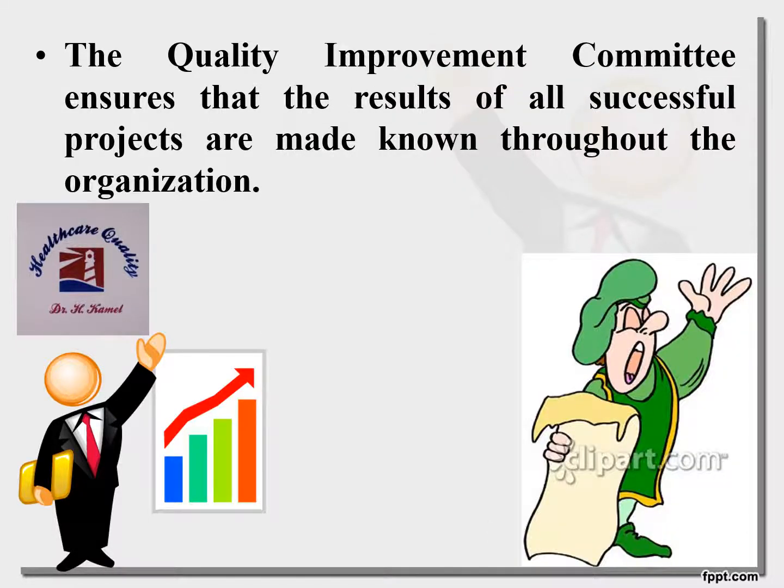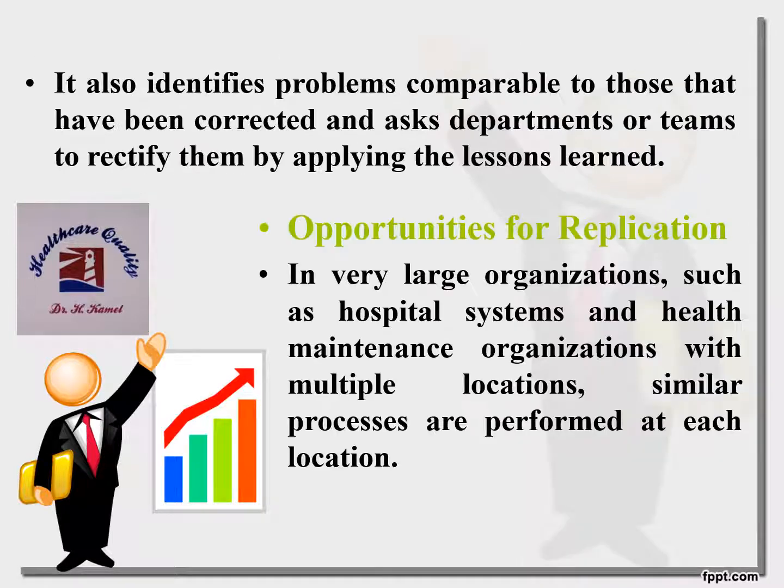The Quality Improvement Committee ensures that the results of all successful projects are made known throughout the organization. It also identifies problems comparable to those that have been corrected and asks departments or teams to rectify them by applying the lessons learned.